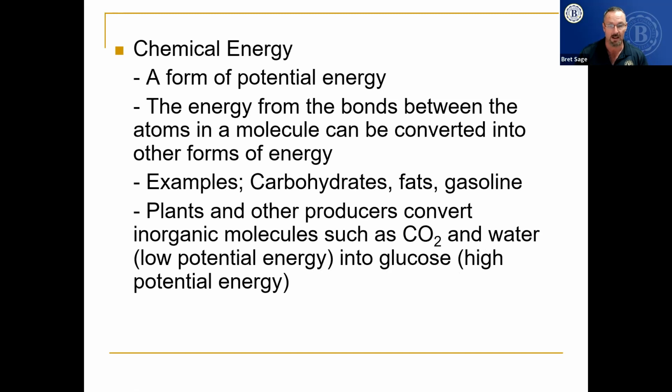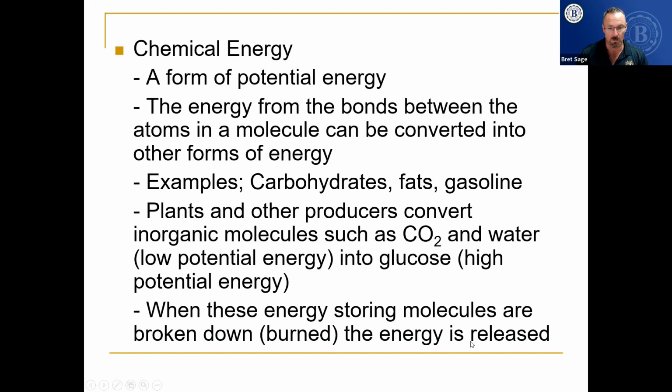How do we store that energy until we need it later? For example, at night, we put it into molecules. And then later at night, you can break those molecules apart, get the energy back, and stay alive, even though there's no sunlight. Now, we don't use sunlight directly. We steal those energy-bearing molecules from other living organisms. That's part of being a consumer. When these energy-storing molecules are broken down or burned inside the cell, energy is released and something is done.